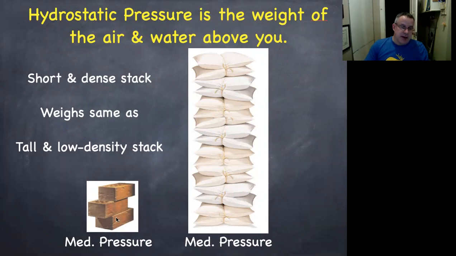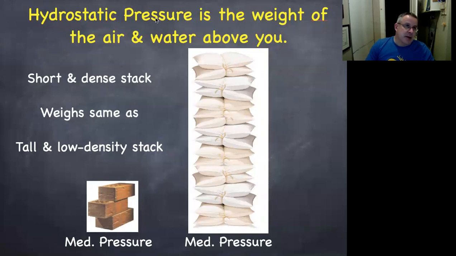Whereas a short stack of bricks might have the same weight as a tall stack of pillows. So we'd have medium pressure underneath each of those. If they were the same height, we'd expect to have lower pressure underneath the stack of pillows. And if the stack of bricks were much shorter, we could actually have low pressure under the stack of bricks compared to the pillows. It's the weight of the air and water above you is the hydrostatic pressure.